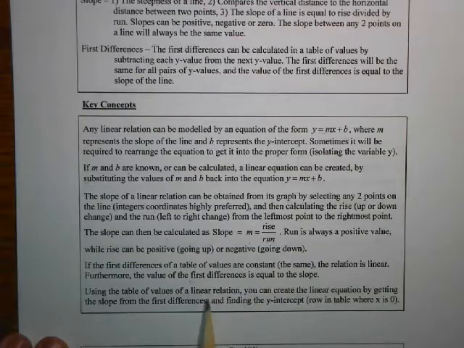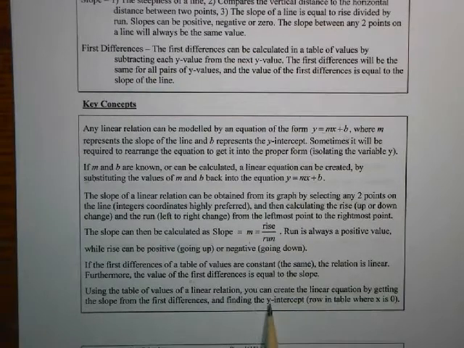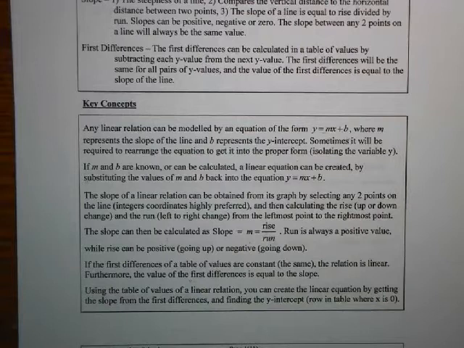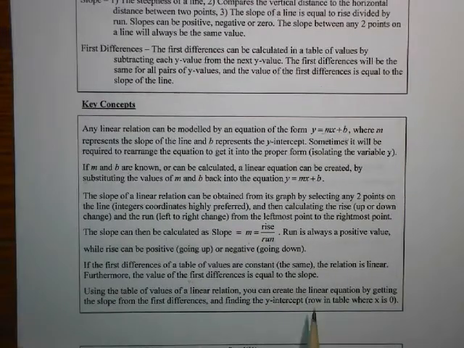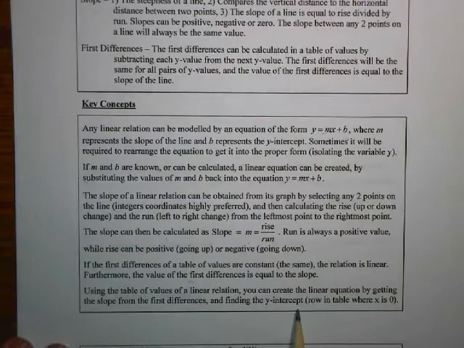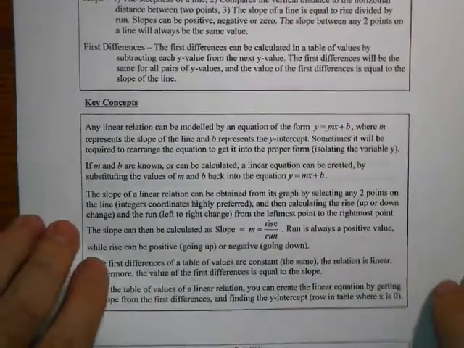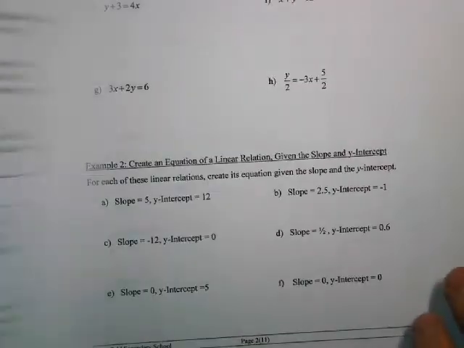And from the table of values, we also find the y-intercept. Now you think, isn't the y-intercept from the graph? Well, we know that the y-intercept is wherever x equals 0. So if we can find the row in the table where x equals 0, we've also found the y-intercept. So we're going to be doing that as well.